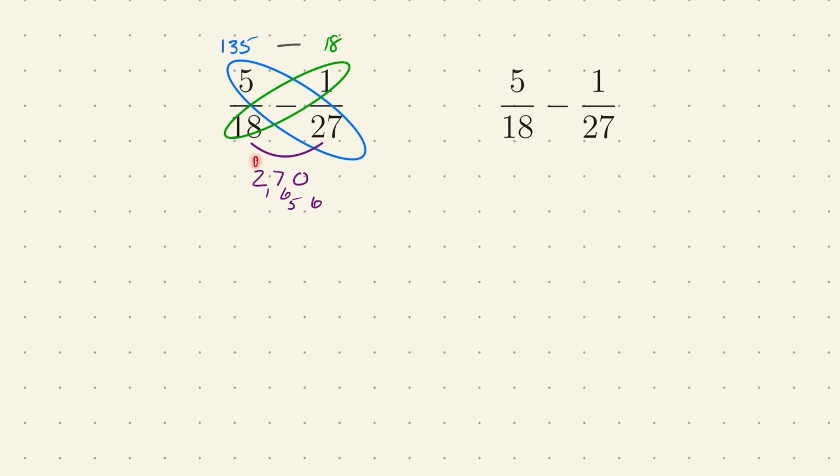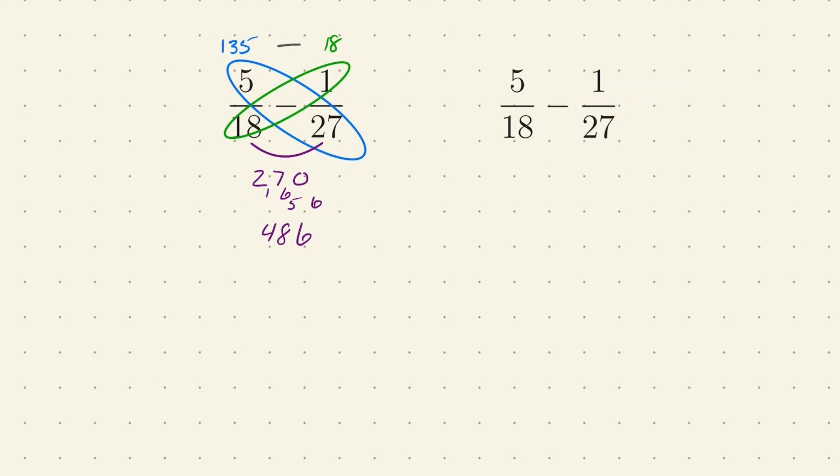Then I carry my 1, so this becomes 48. So we have 480, and then I have only a 6 in my ones place. So 18 times 27 gives us 486. And if you want to learn how to multiply this in your head without using a calculator, I will link in the cards above a video on crosswise vertically and crosswise multiplication if you're interested in learning that.